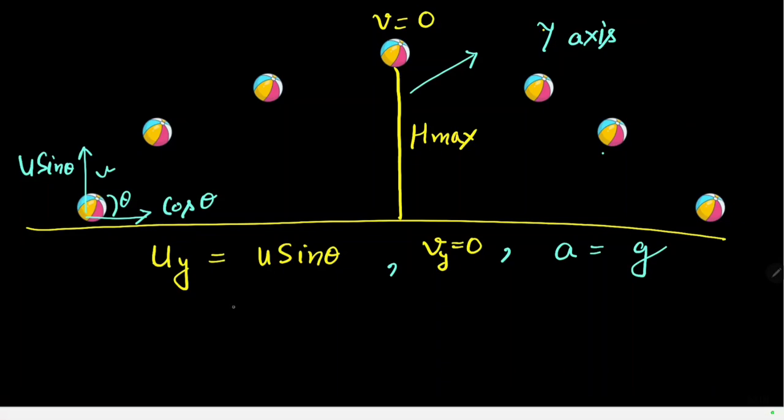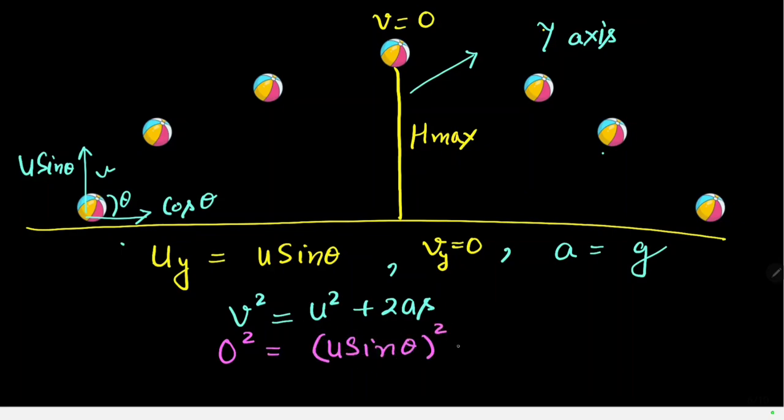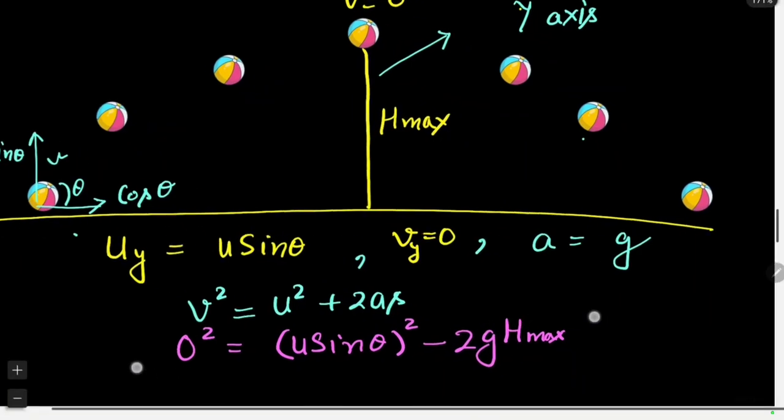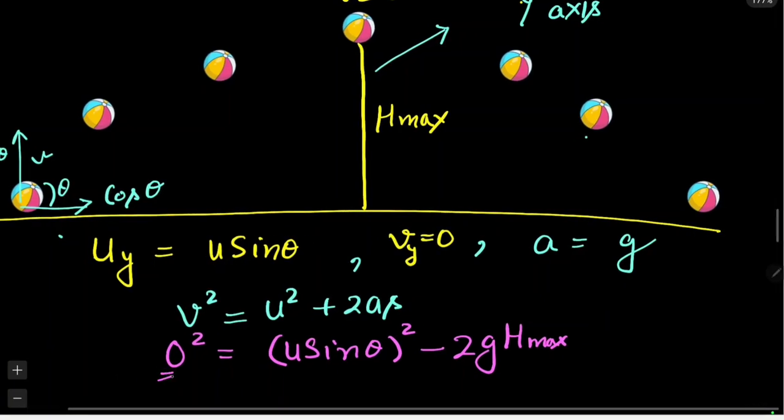We don't have time, so we can use the third one, which says v square equals u square plus 2as. If I put the values, v is 0, u square becomes u sine theta whole square, minus 2g, and instead of s I will write h max, the maximum height, because I'm using the conditions for maximum height. That's how I'm putting v as 0.